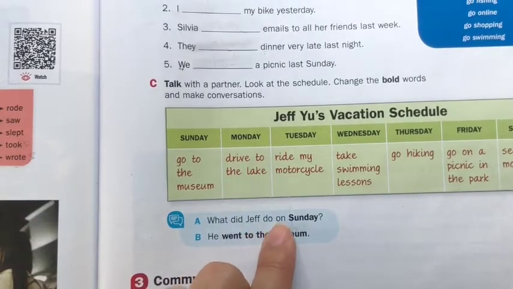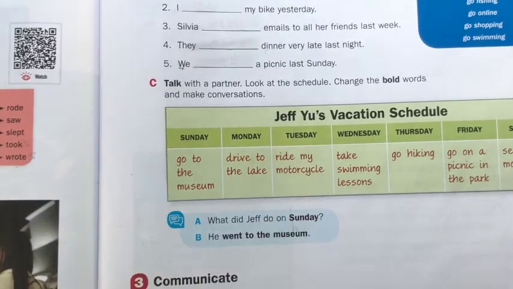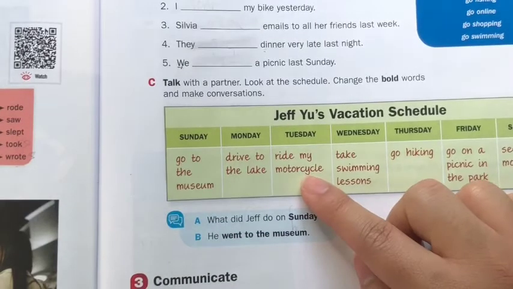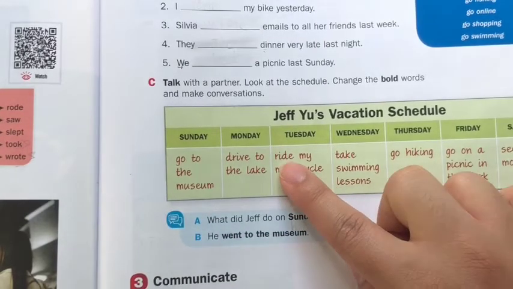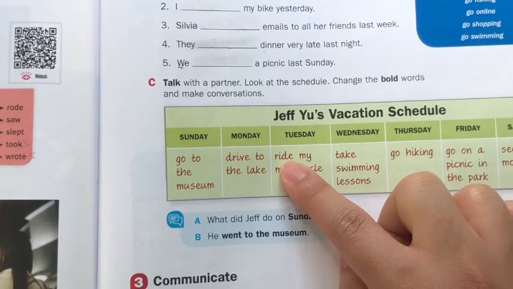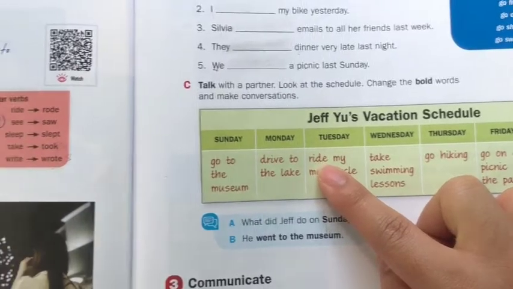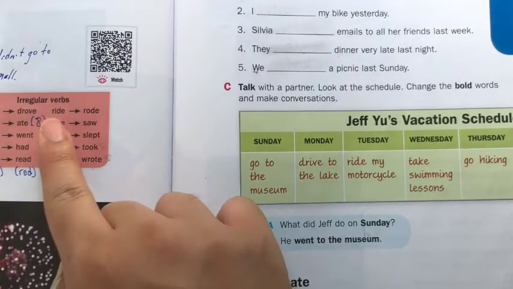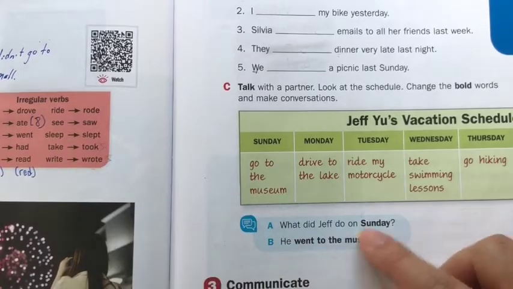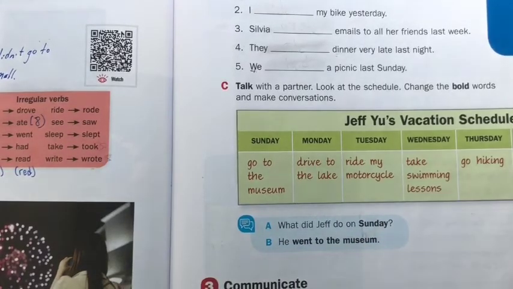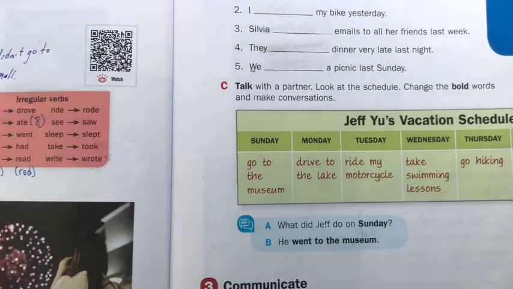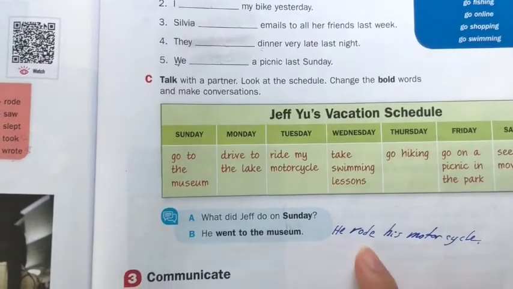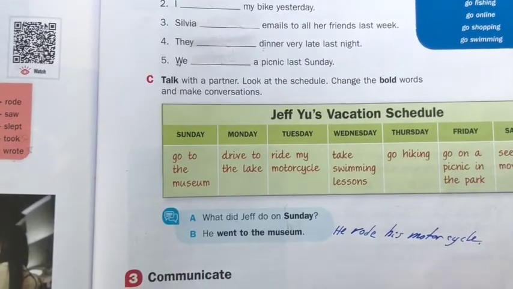What did Jeff do on Tuesday? Ride my motorcycle. Ride. What's the past tense of the verb ride? Ride, rode. He rode his motorcycle. We say he rode his motorcycle.